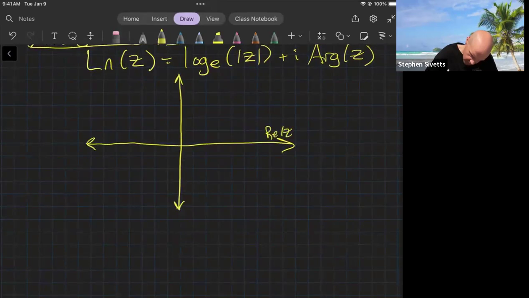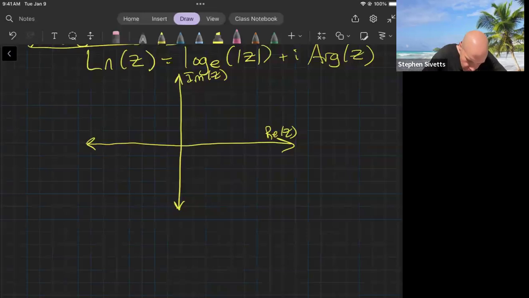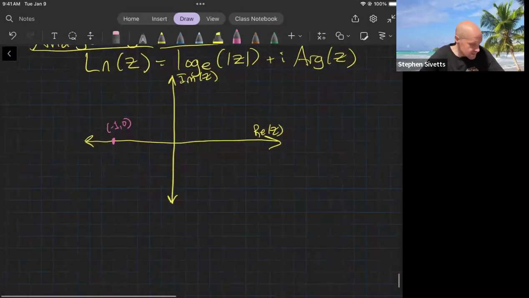Corresponding real axis and the imaginary axis, right? And let's test if the point -1, 0 is continuous. There's a reason why I chose that point, but we'll see in just a moment.